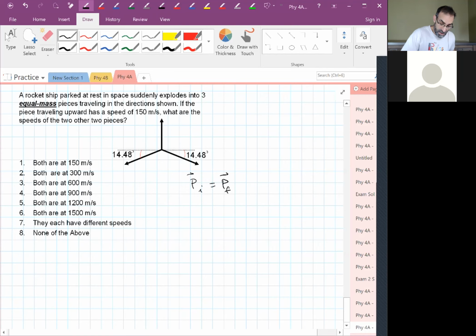That's a vector equation. And what do we do typically when we have vector equations?